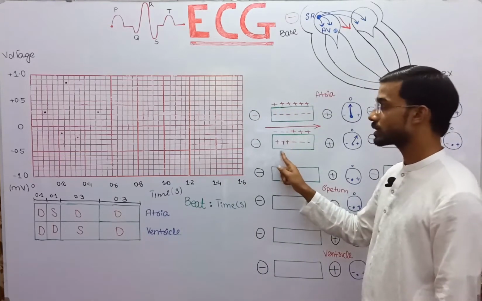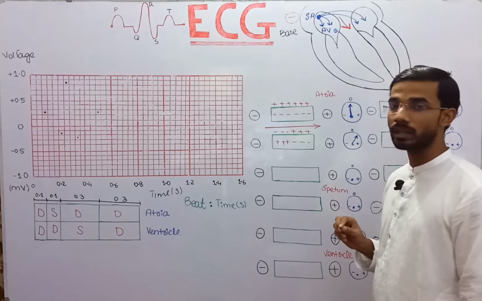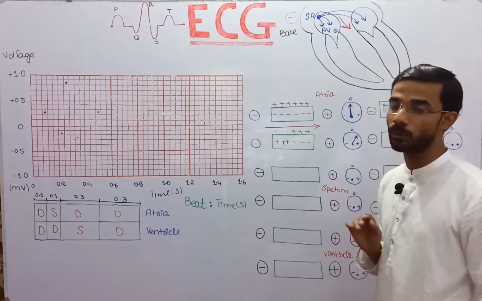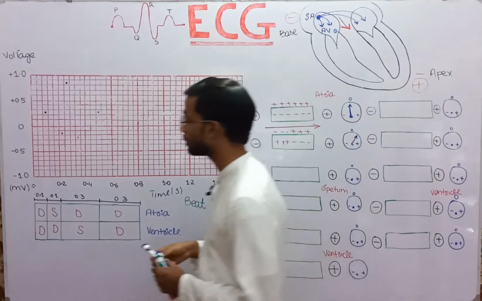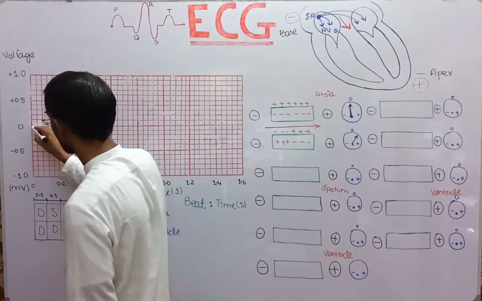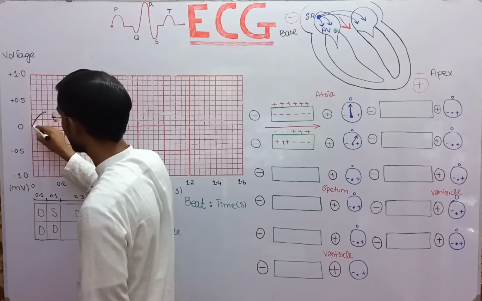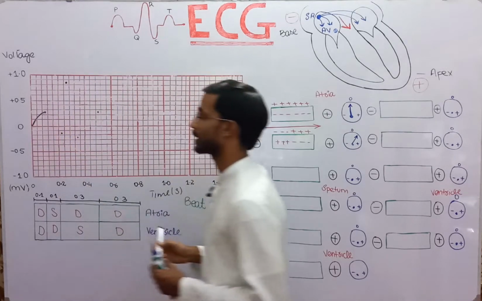When the cells start depolarizing, half of the cells become depolarized. Then we see a positive peak.